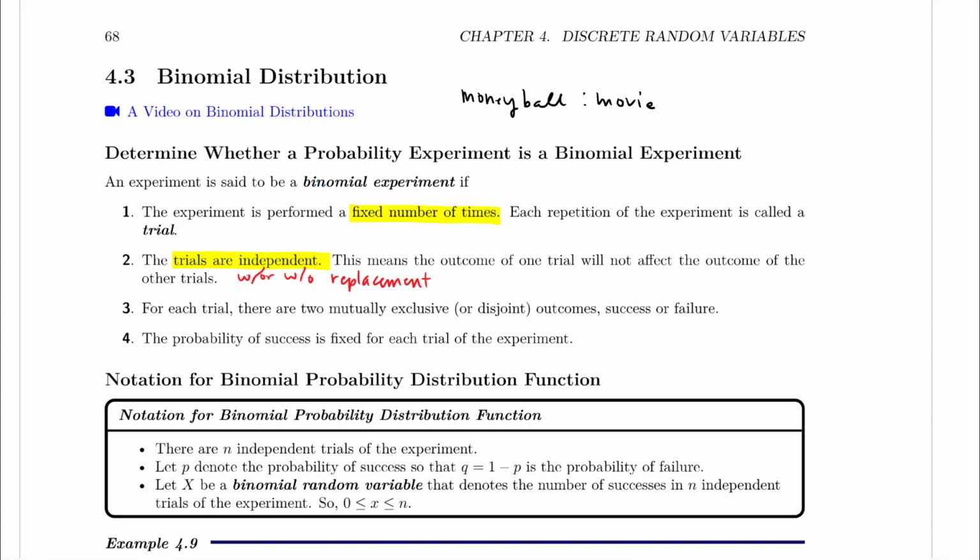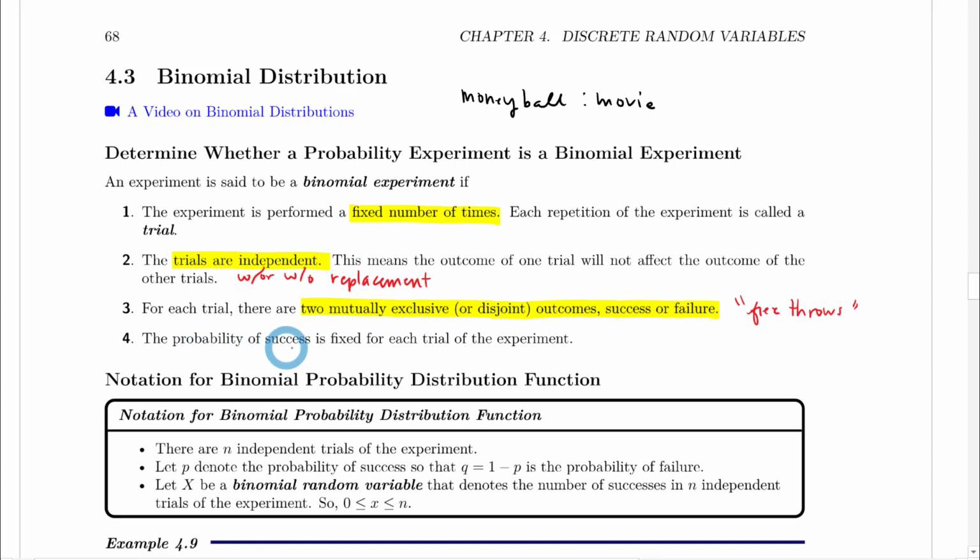The next thing is that for each trial, there are two mutually exclusive outcomes, success or failure. So even though the event could be tossing a heads when I toss a coin, the success would be the heads and the failure would be the tails. Think of it too as free throws. I always use free throws in basketball as an example because the success is you make the basket and the failure is you don't make the basket.